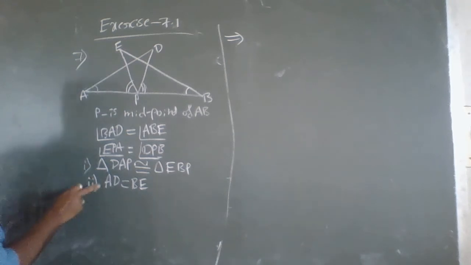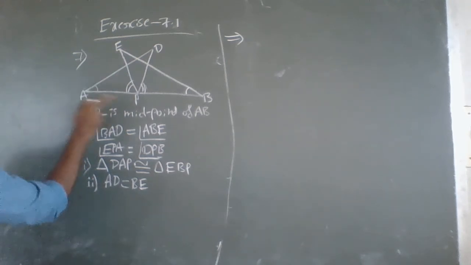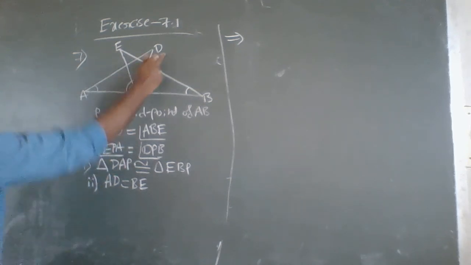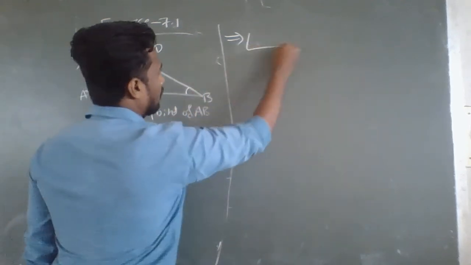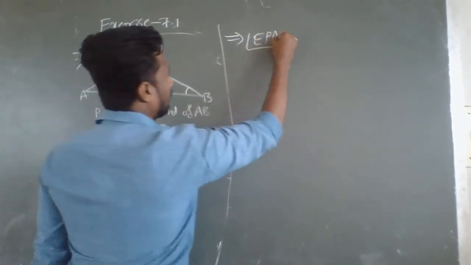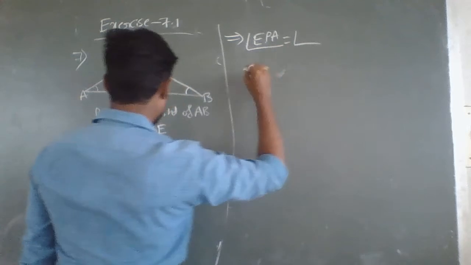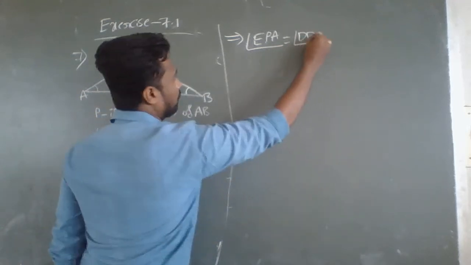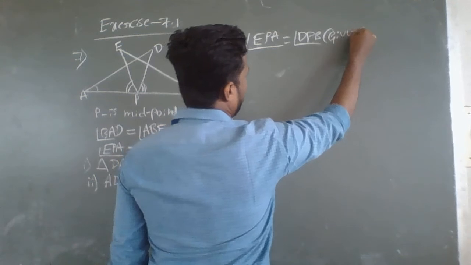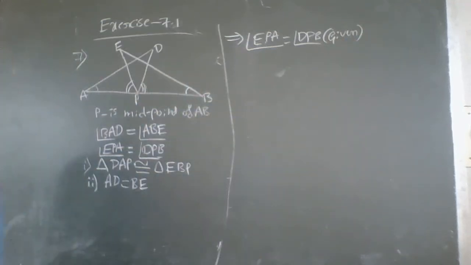First, I will consider angle EPA is equal to angle DPB. They have given this. Now, what I will do here, I will add angle DPE to both sides.